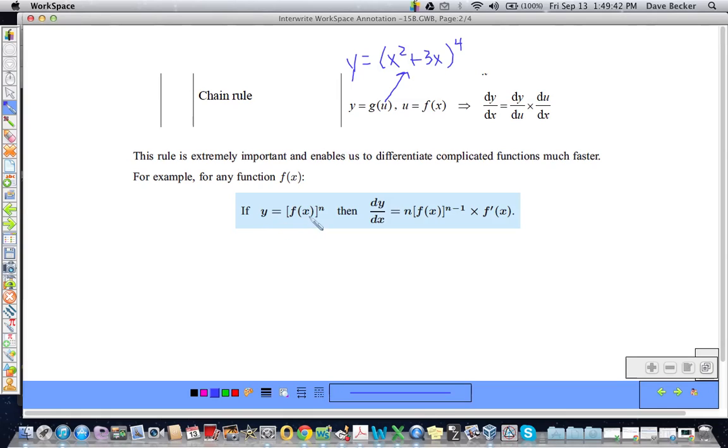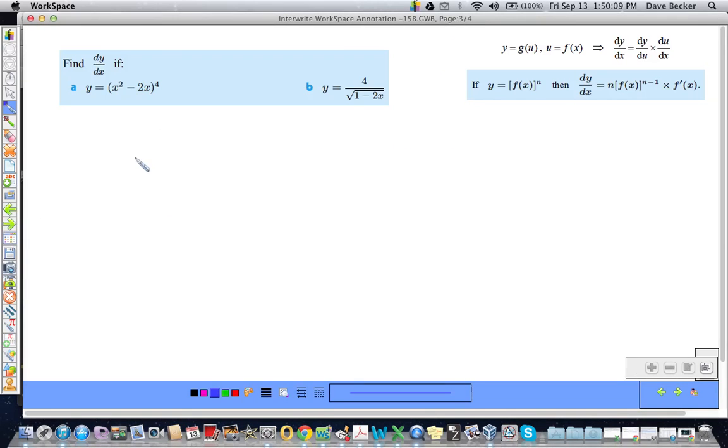If we have y equals some function to the nth power, then the derivative is your regular old power rule. n comes out front, to the n minus 1, and look, nothing happens to the function inside. It just stays there. And you multiply that by the derivative of the function inside. All right, let's do a couple examples, enough yakking about it, okay?